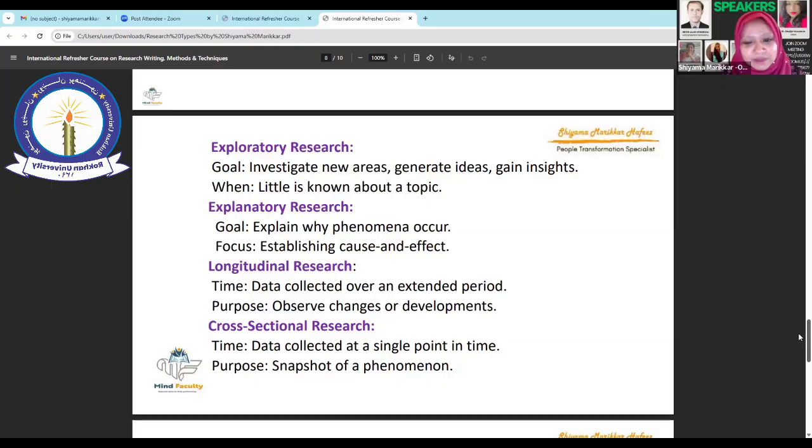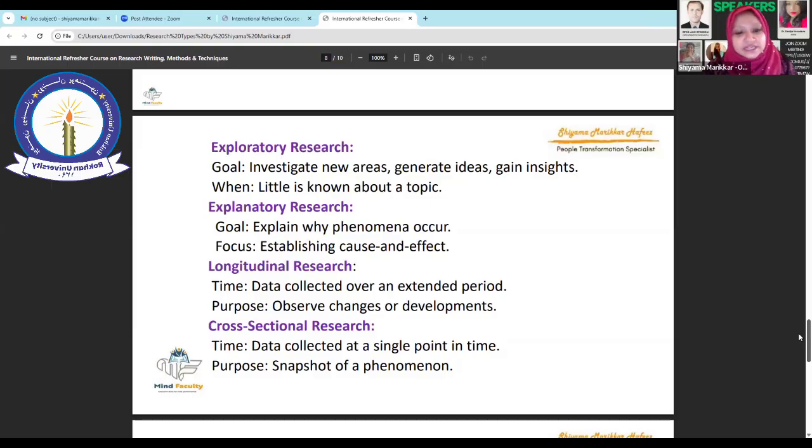The purpose is to observe changes or developments over a period of time. So it helps to identify a phenomenon, a theory, or a new investigation very clearly, because it takes time.